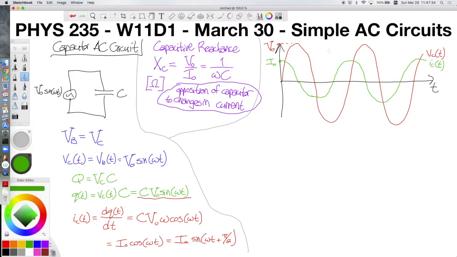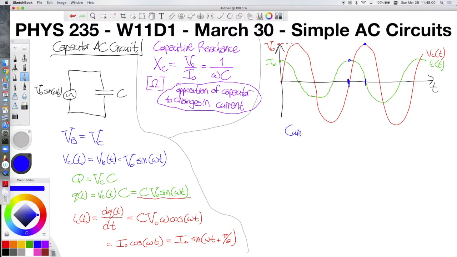So note that unlike our resistor graph, the current and the voltage across the capacitor and through the capacitor do not peak at the same time. Time goes on as you move across to the right in this graph, so kind of following my cursor along, we'll see the current hits its maximum value here at this time, and then the voltage hits its maximum here at this time.